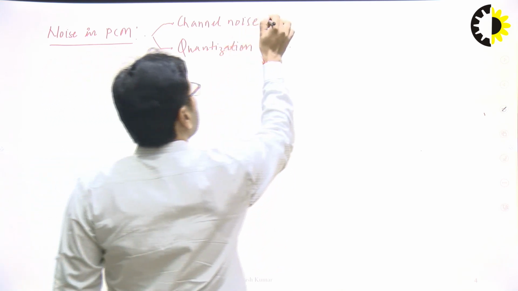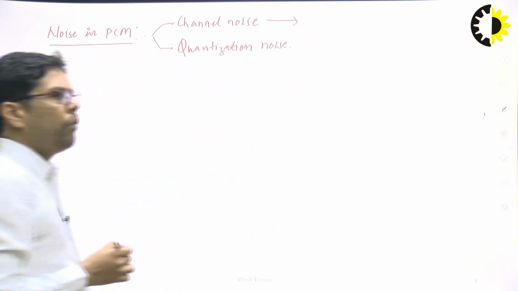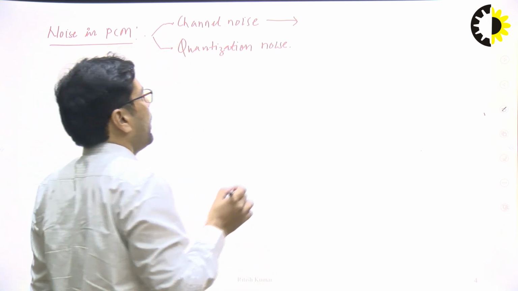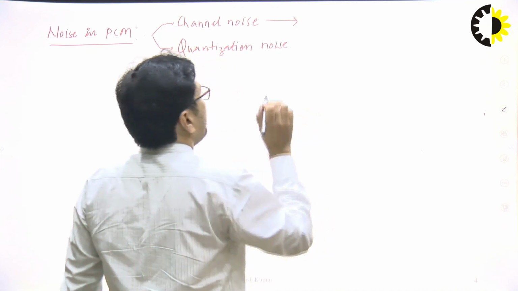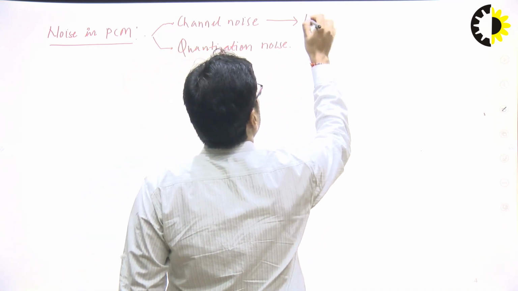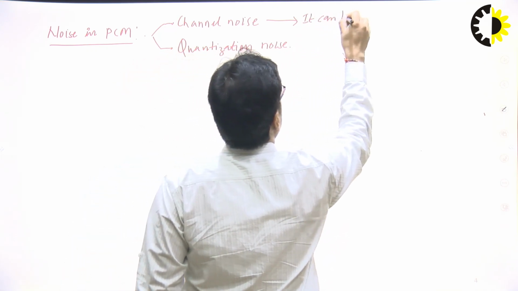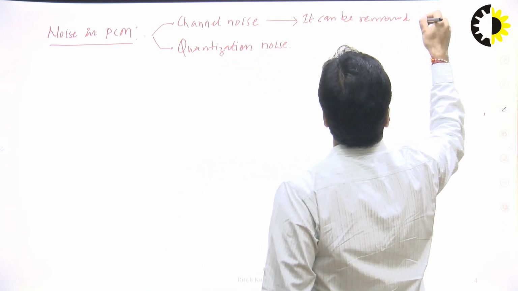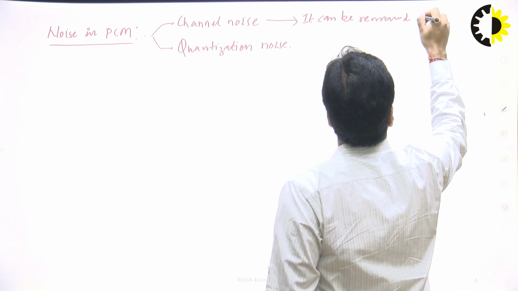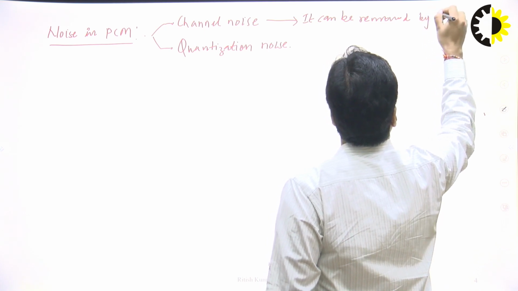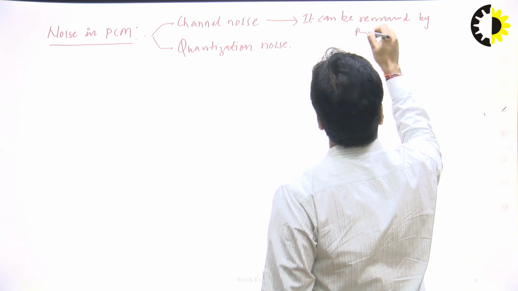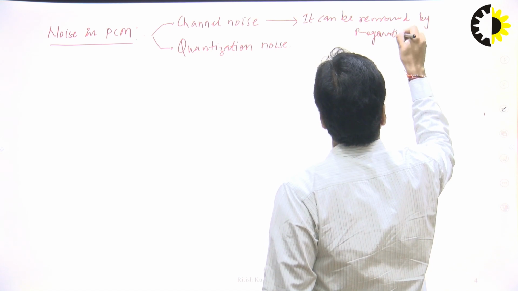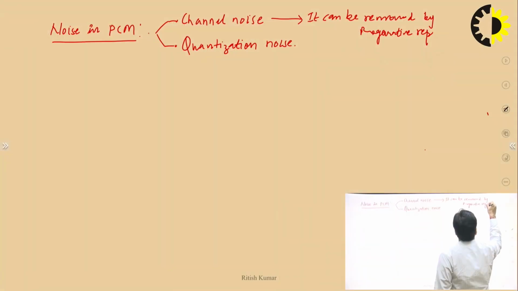Channel noise can be eliminated with the help of regenerative repeaters, which you can apply during the transmission of the information. It can be removed or eliminated by a regenerative repeater.